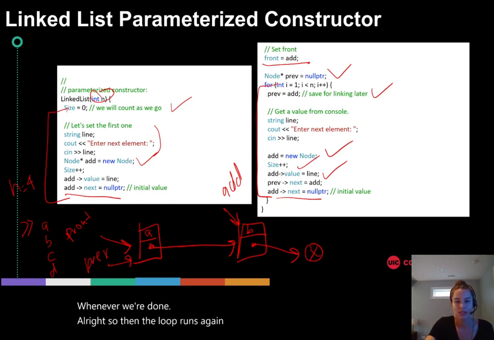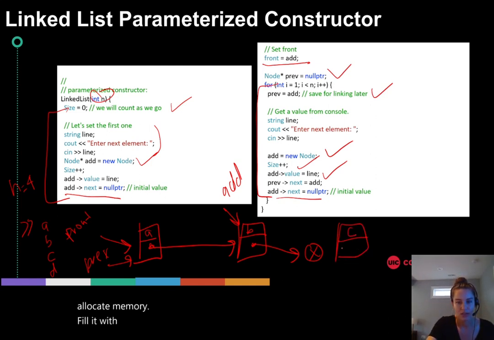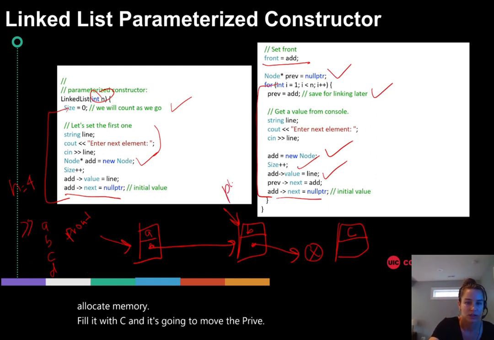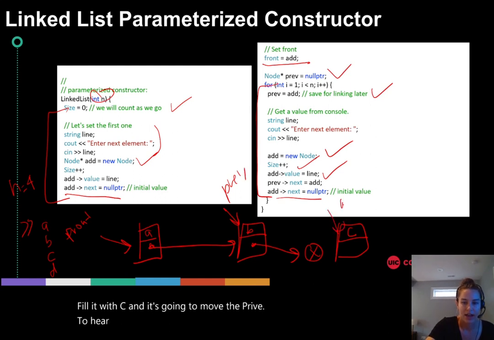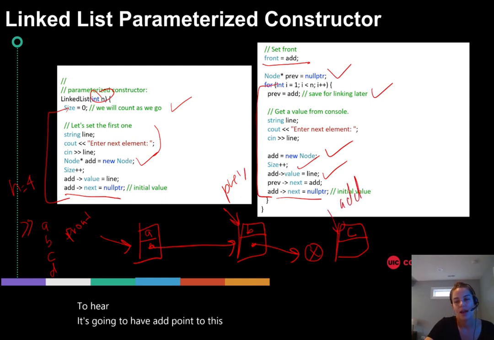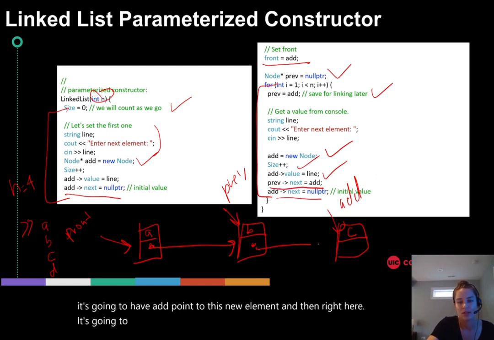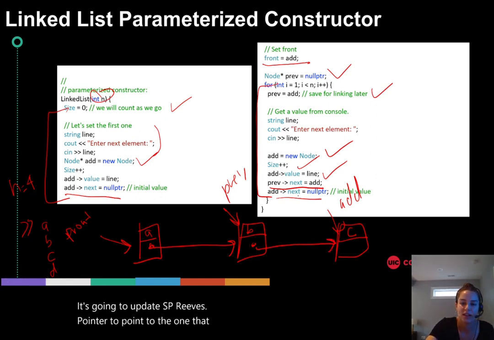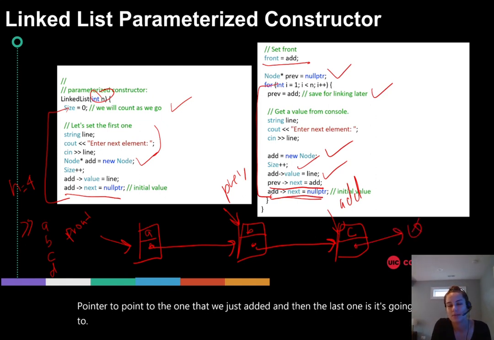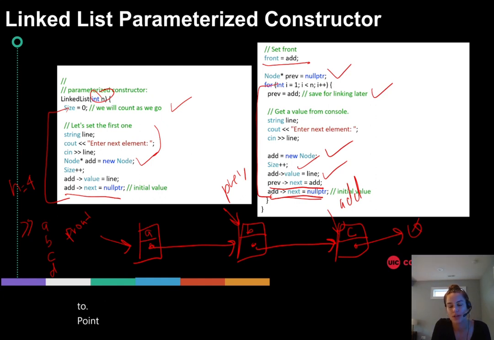So the next time the loop runs, it's going to allocate memory, fill it with C, and move the prev to here. It's going to have add point to this new element, and then right here it's going to update prev's pointer to point to the one that we just added, and then the last one is it's going to set C's next to a null pointer.